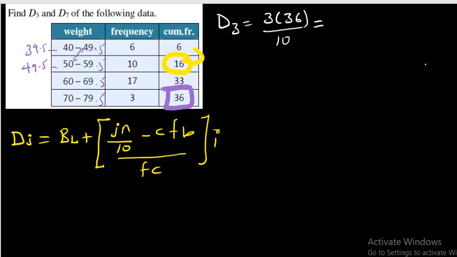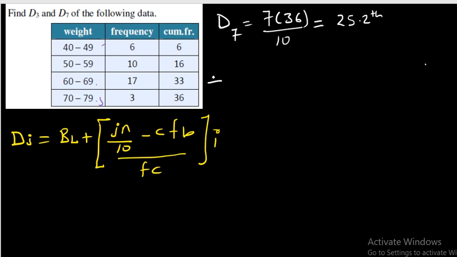To get the 7th decile, let us change the subscript to 7, and that means this number is going to be 7. When you multiply and divide by 10, you will get 25.2. Where is this number in the cumulative frequency? That's going to be the third class.